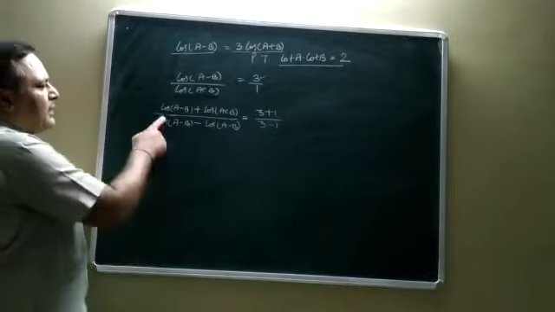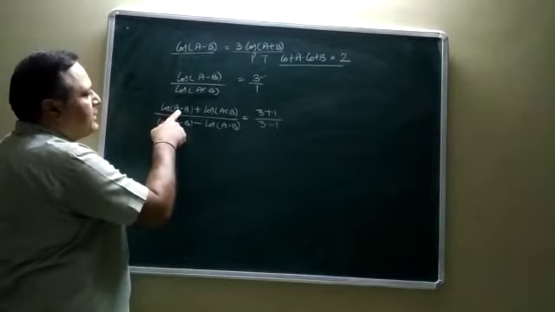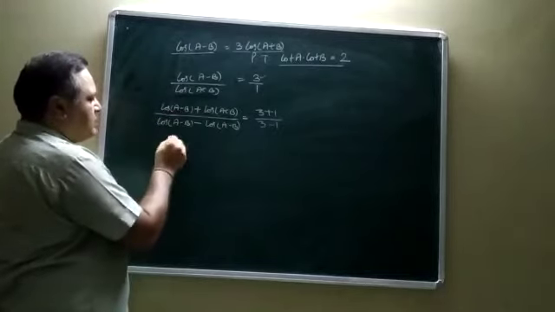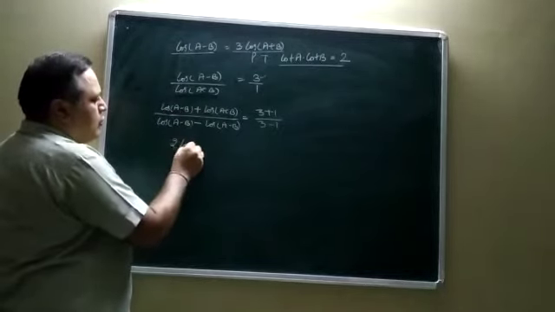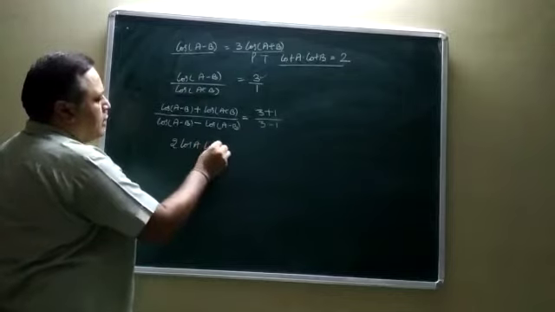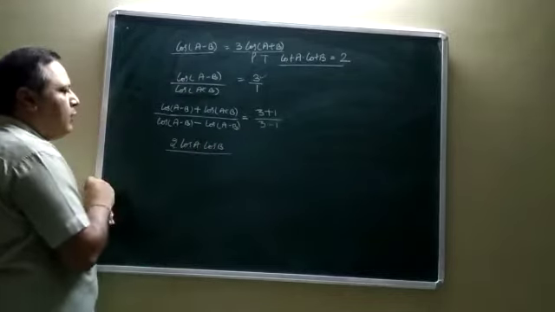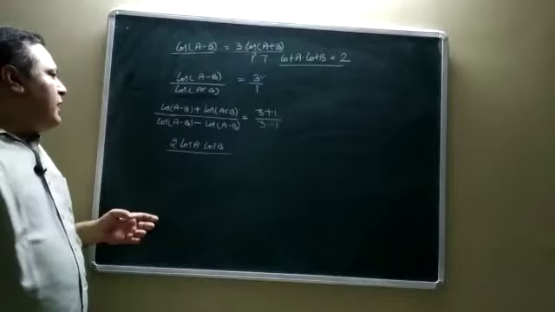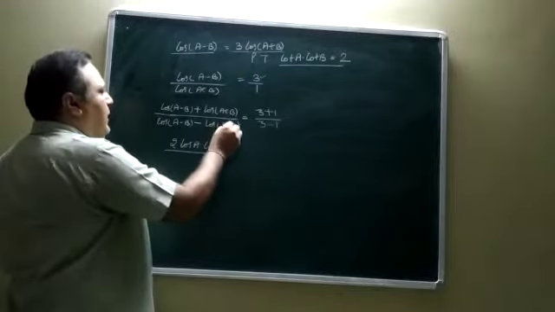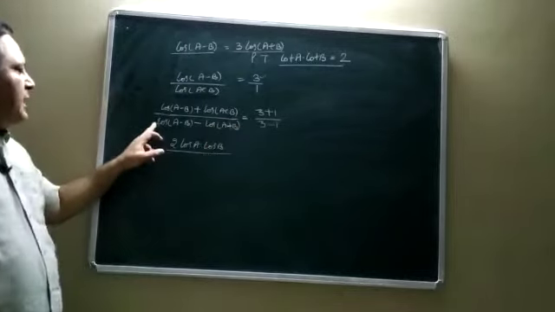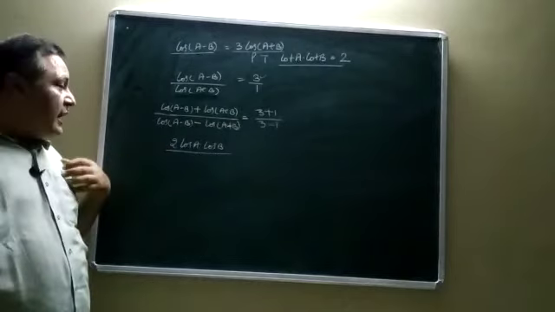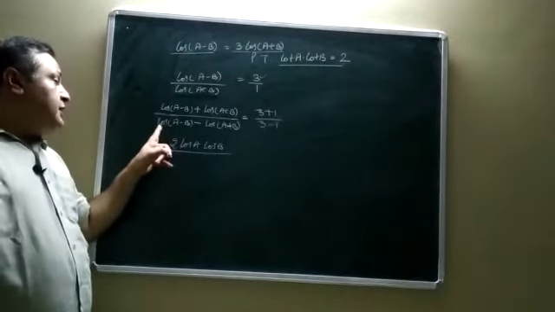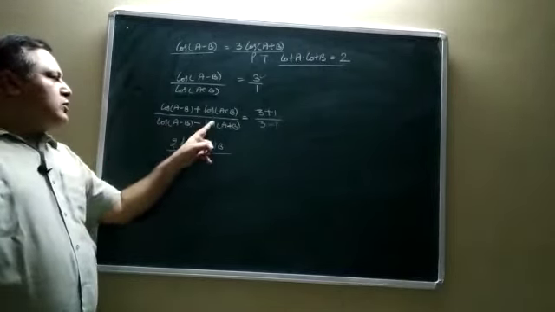Now apply the formula. See, cos of a minus b plus cos of a plus b is 2 cos a cos b. Now normally the formula is cos of a plus b minus cos of a minus b, but actually it is reversed. It is cos of a minus b minus cos of a plus b.